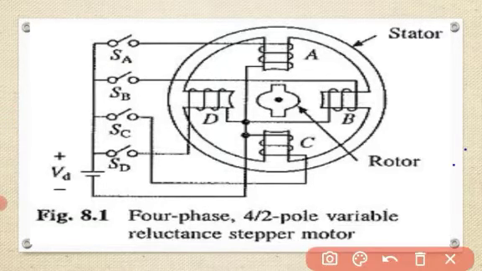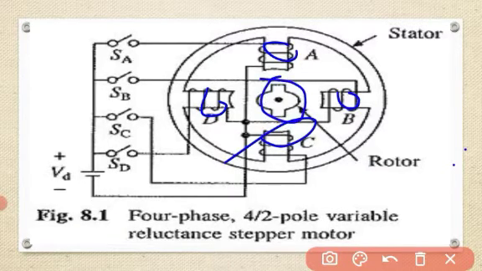In this, you can see the variable reluctance stepper motor has salient pole stator, and the rotor also you can see here. This is the salient pole. The rotor has no winding. The stator has concentrated coils placed over the stator poles.